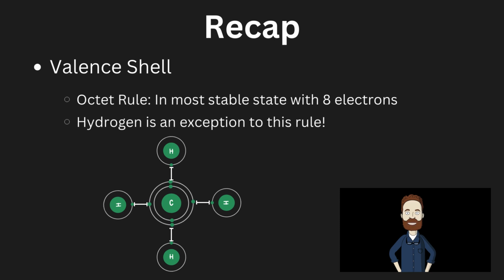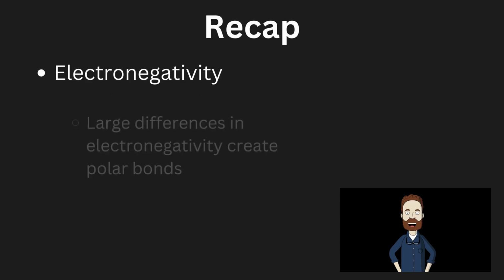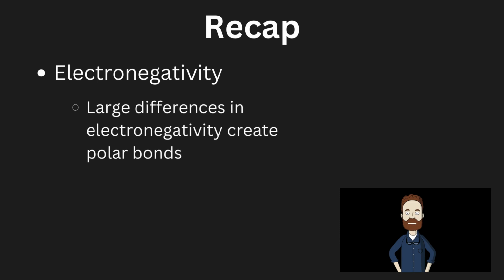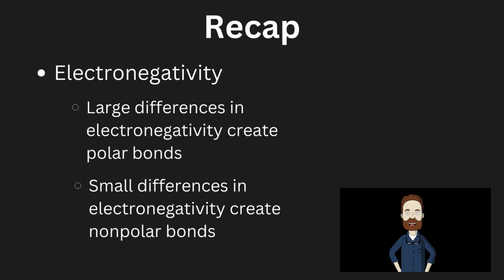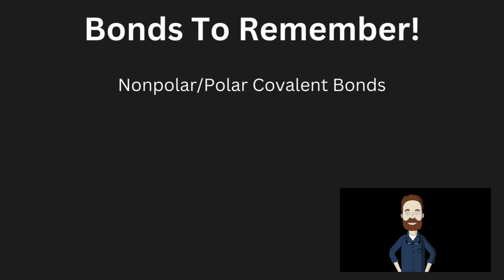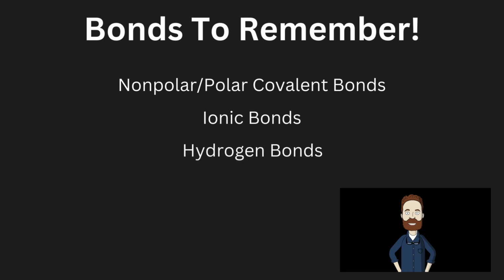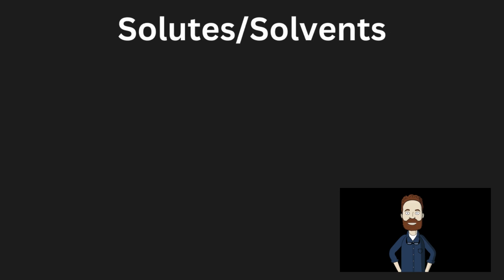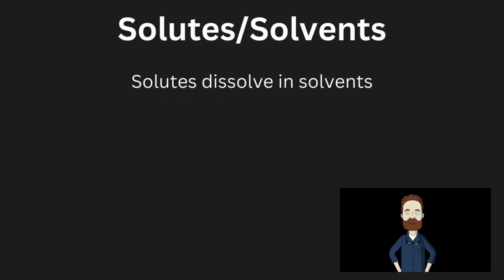We discussed the concept of electronegativity and how largely different electronegative values will create polar bonds, while largely similar electronegative values will create nonpolar bonds. This can be shown in many different circumstances, including nonpolar and polar covalent bonds, ionic bonds, hydrogen bonds, and London dispersion forces. Lastly, we discussed the concepts of solutes and solvents, where solutes dissolve in a solvent.